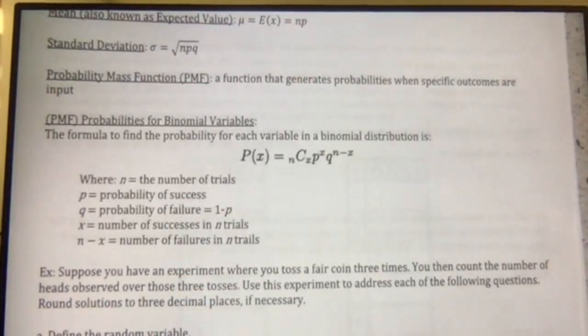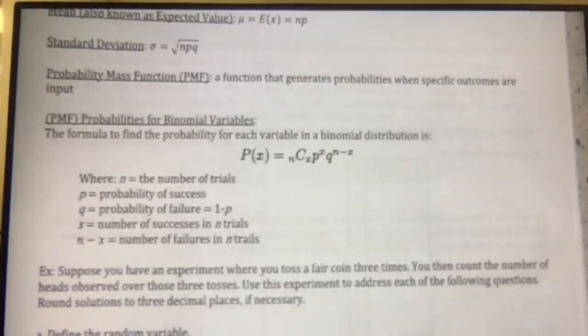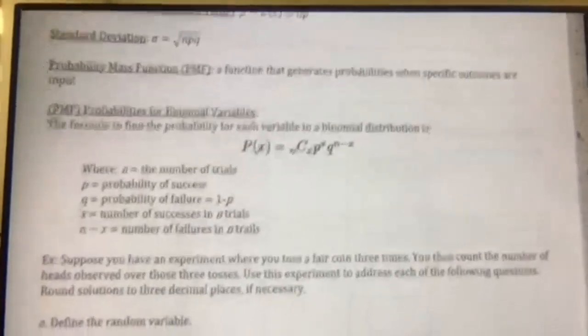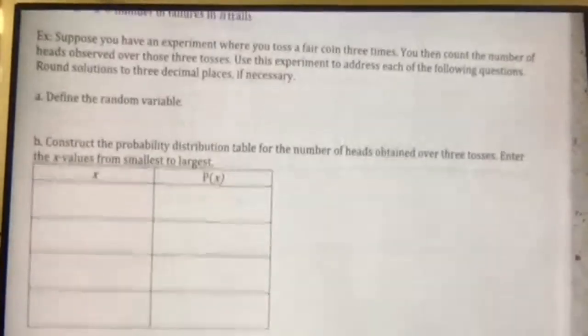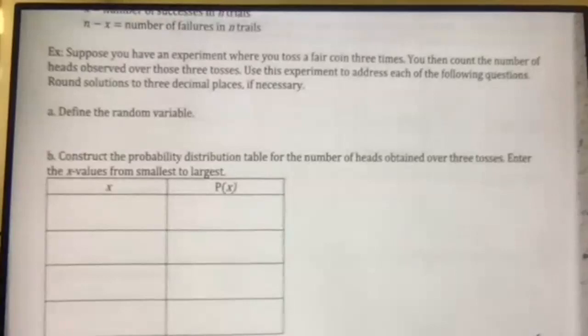Suppose you have an experiment where you toss a fair coin 3 times, so a regular coin 3 times. You then count the number of heads observed over 3 tosses. Use this experiment to address each of the following questions, rounding to 3 decimal places. First it says define the random variable.